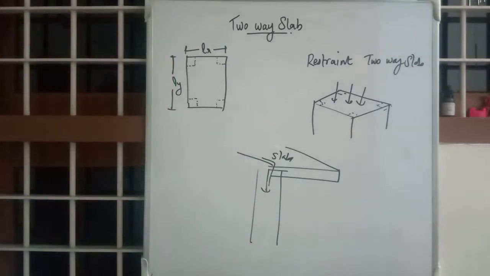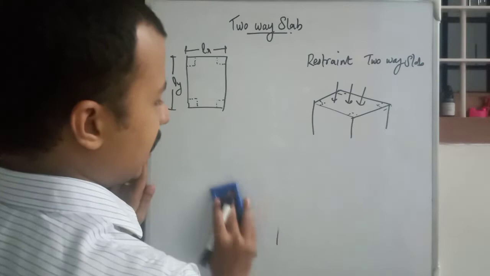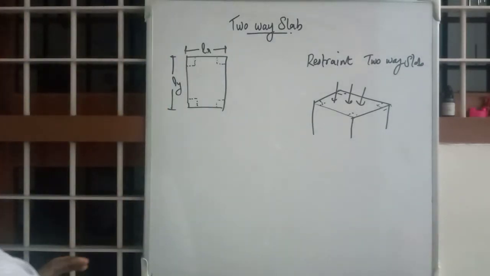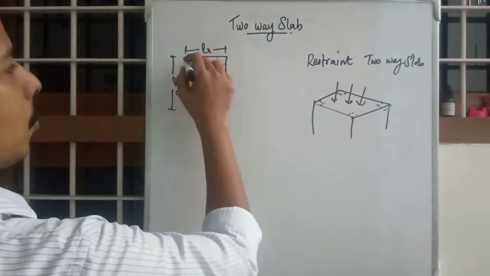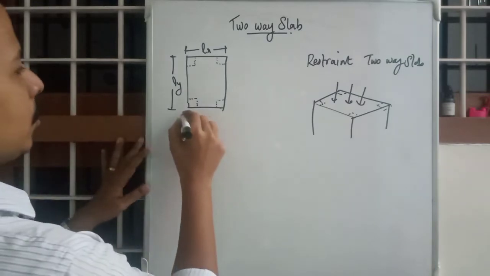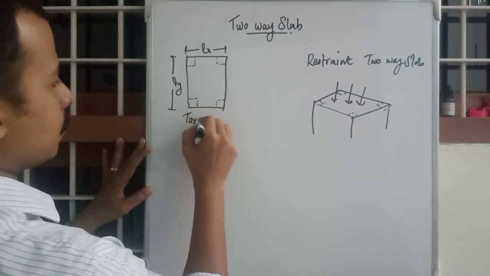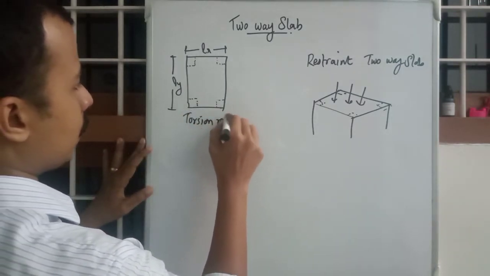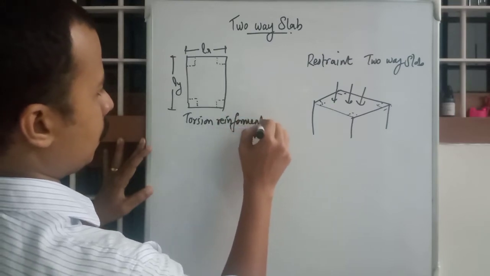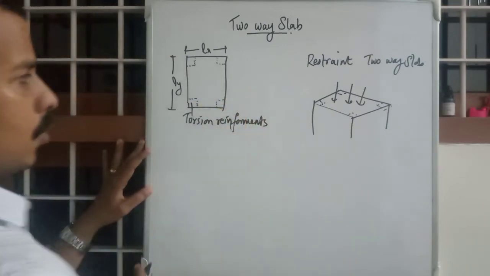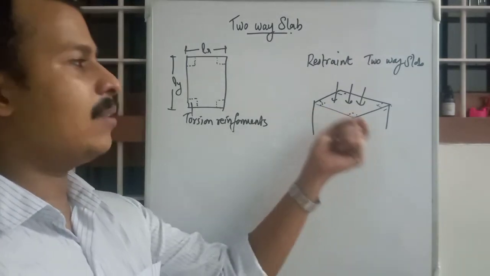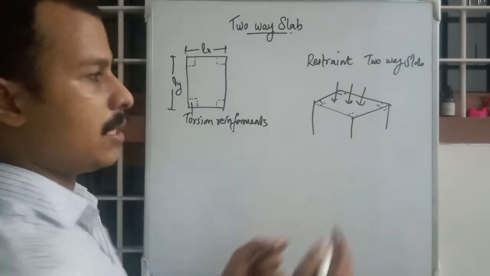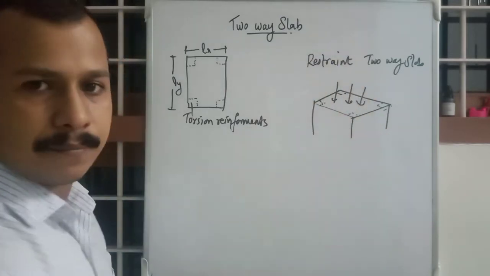In case of further classification, this is a single one. You should understand these four corners need to have torsion reinforcements to make this slab endure the torsional force arising from this upheaval.